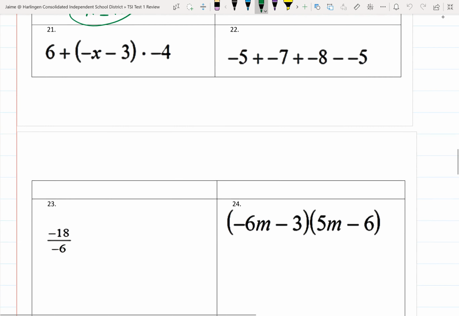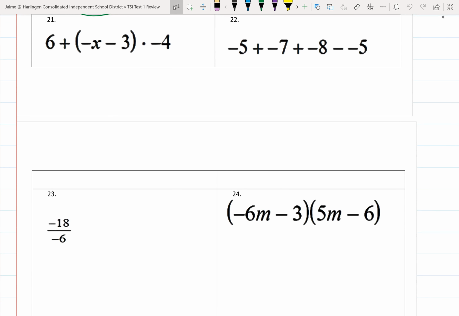So let's see here. Hold on. Where was I? All right, number 21. That's that tricky question from one of our assignments we had. You're tempted to do this, right? But remember, if you ask for my help, I told you that was wrong. Because this is the times sign. So you should multiply the negative 4 in here and bring down this number.